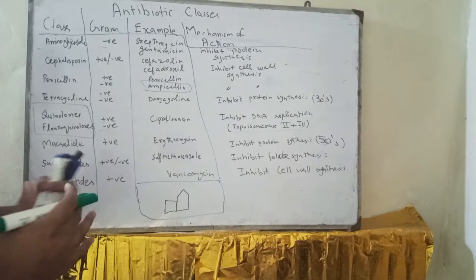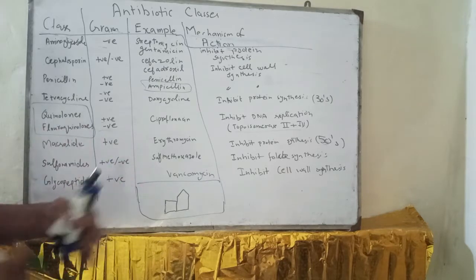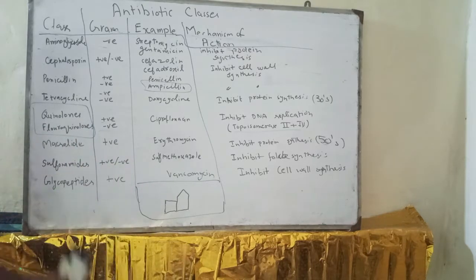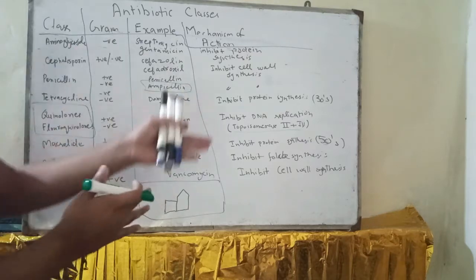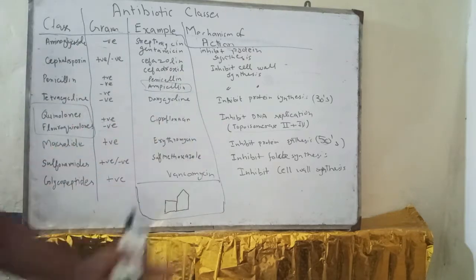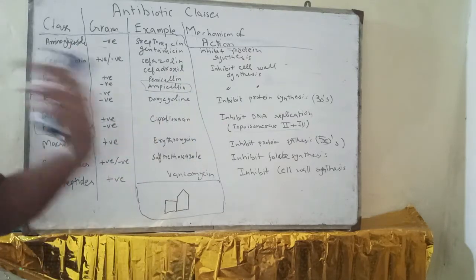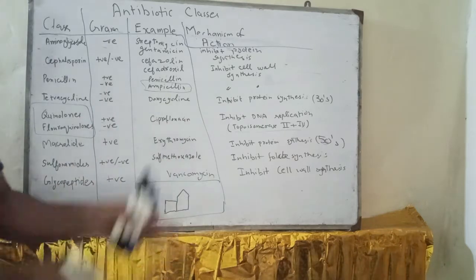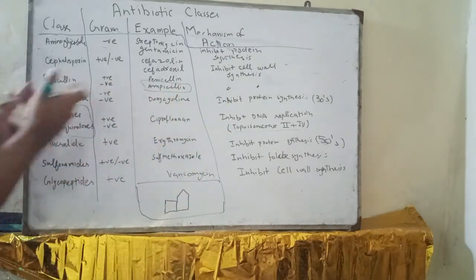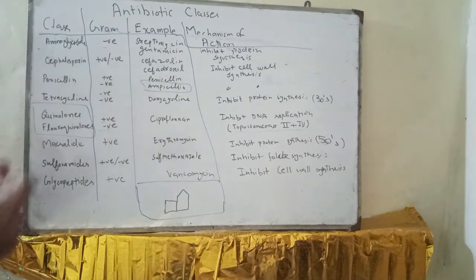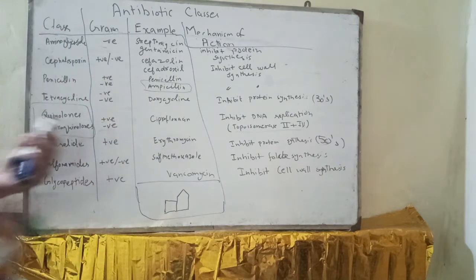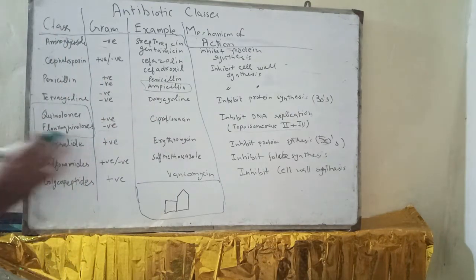If it unwinds, then bacteria can easily replicate itself. But if these drugs inhibit the topoisomerase, the enzyme that helps the DNA to unwind, it definitely cannot replicate itself and bacteria will die.